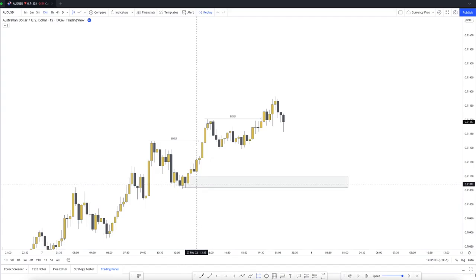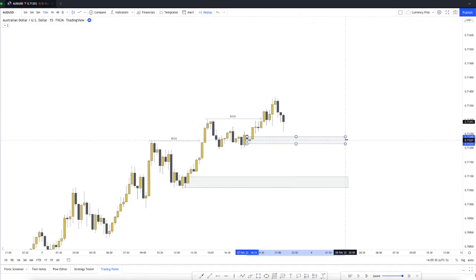So we have this point of interest here, which caused the break of structure. That's our extreme level of demand that caused this break of structure. But then we have a consolidation here and another break of structure. Now, what caused that break of structure, in a general perspective, it would be this bearish candle here, but we can refine it a bit more by targeting this indecisional small candle here.